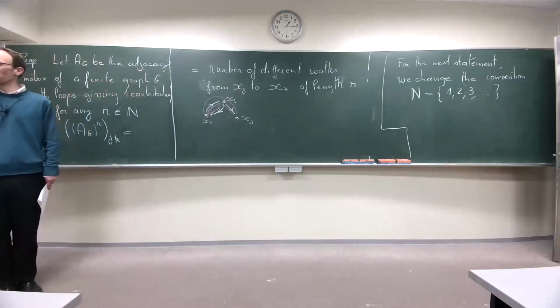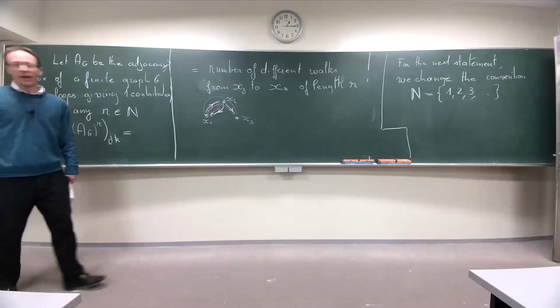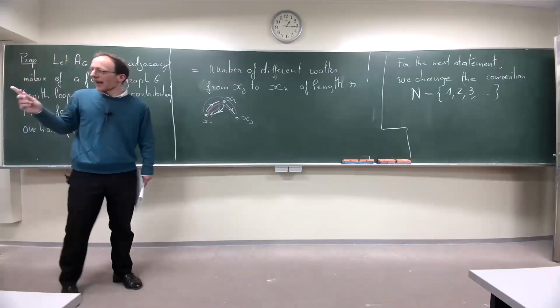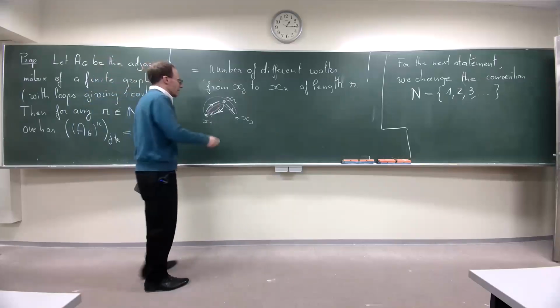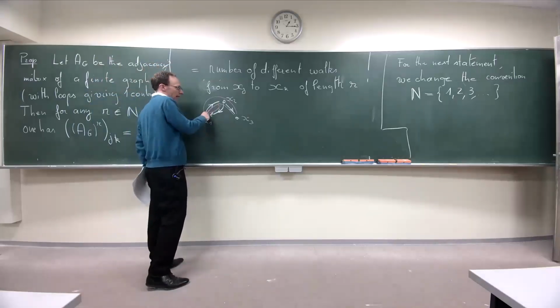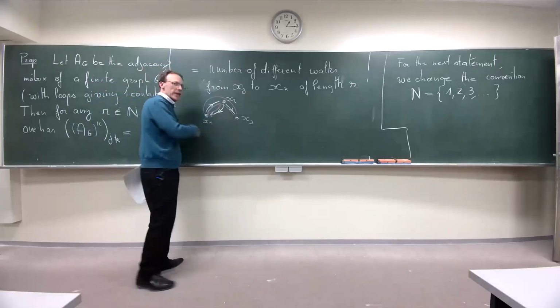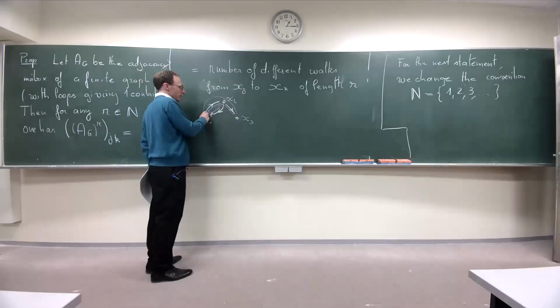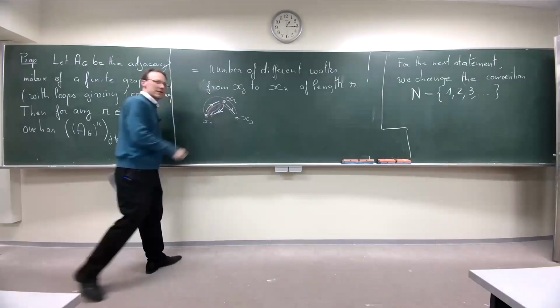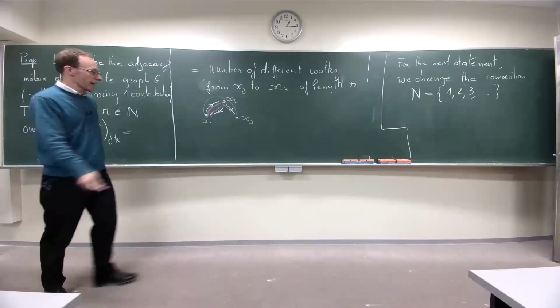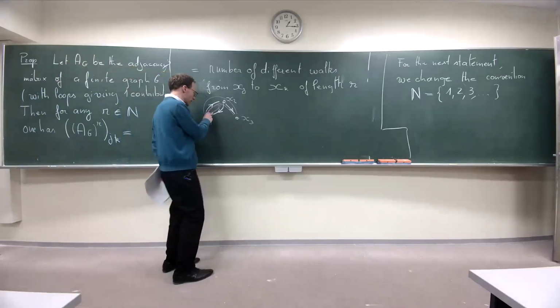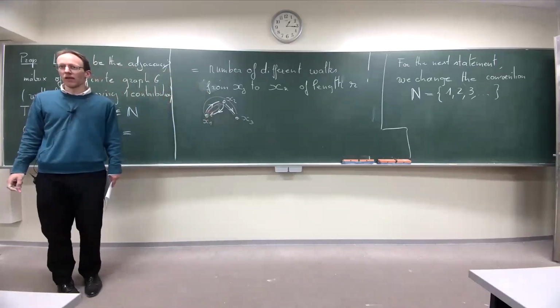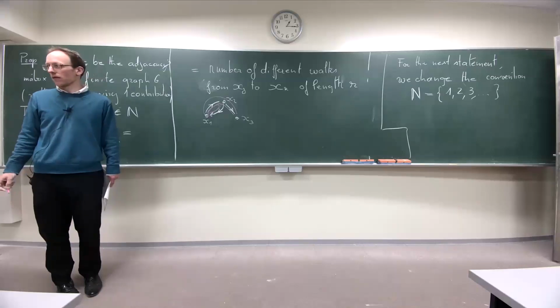I'm thinking about walks precisely. For a given R, it depends. On the other hand, for going from x1 to x1 itself, you can do it with 2 steps or with 4 steps or with 6 steps and so on. On the other hand, from x3 to x1, you have no way to do it.